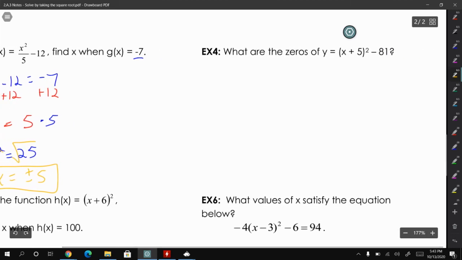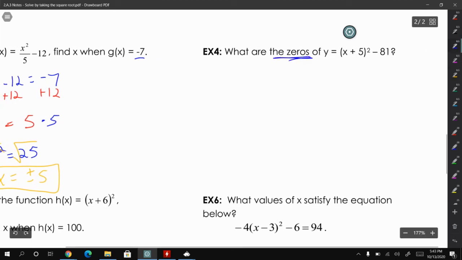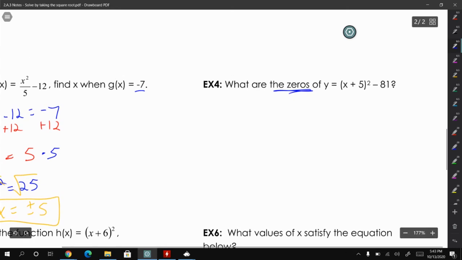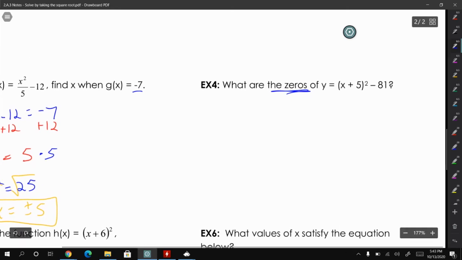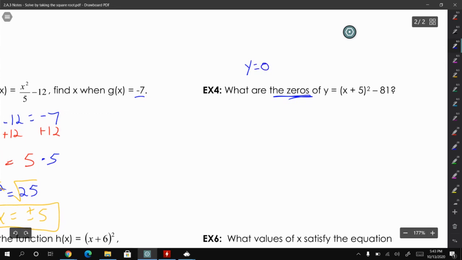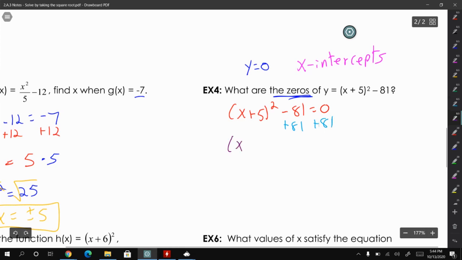Then example number 4, when it says, what are the zeros? Okay, that means set that equal to 0. This means that y equals 0. Another term for that is your x-intercepts. So we're going to set this equal to 0. x plus 5 squared minus 81 equals 0. So plus 81 to both sides. Then we have x plus 5 squared equals 81.